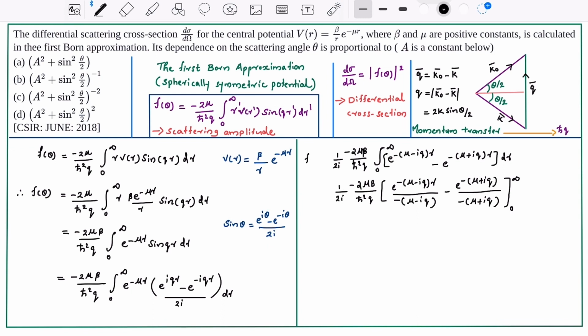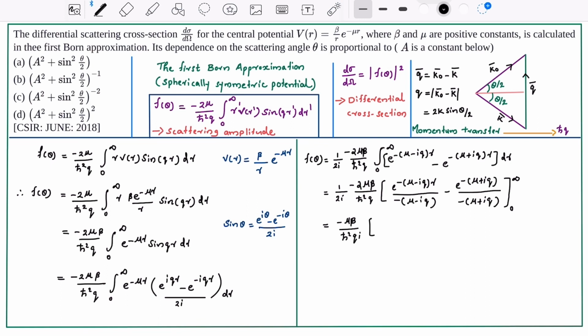Now we have f(θ) is equal to 1 by 2i, minus 2μβ by ħ² q into the value of the integral. That is minus μβ by ħ² qi.